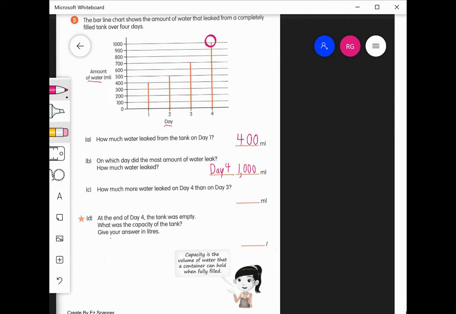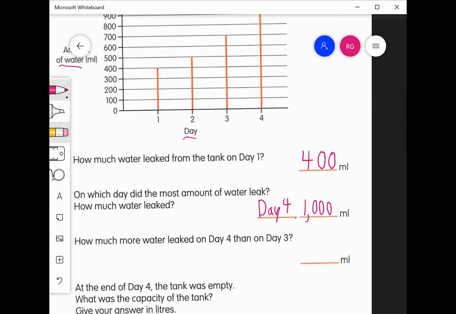How much more water leaked on day 4 than on day 3? Okay, so we know day 4 was 1,000, and day 3 we can see there is 700.